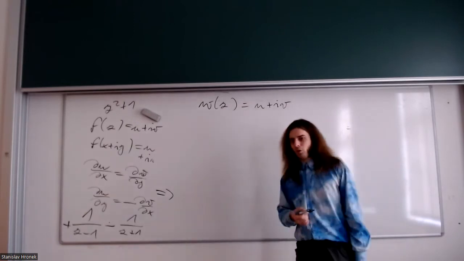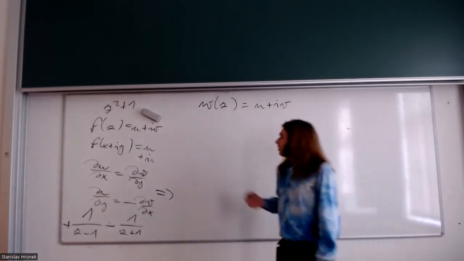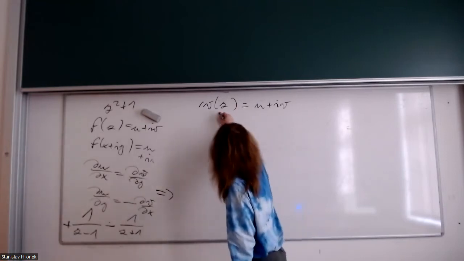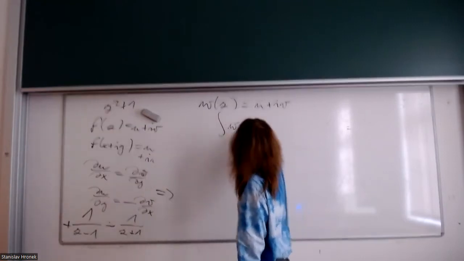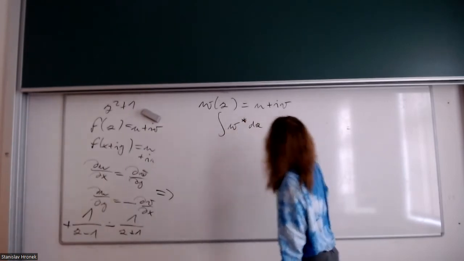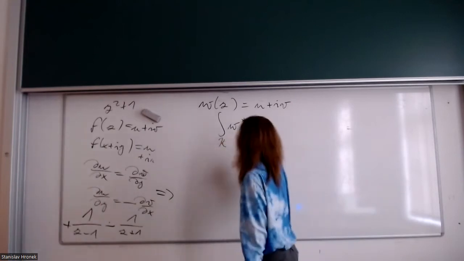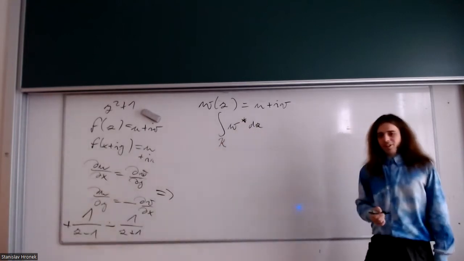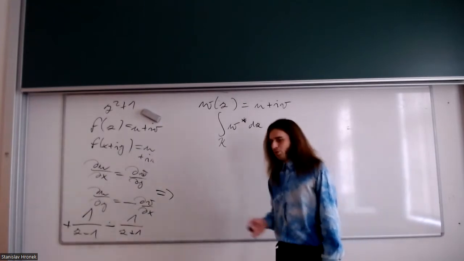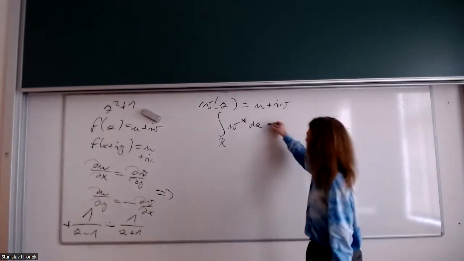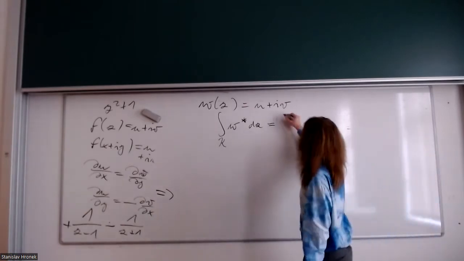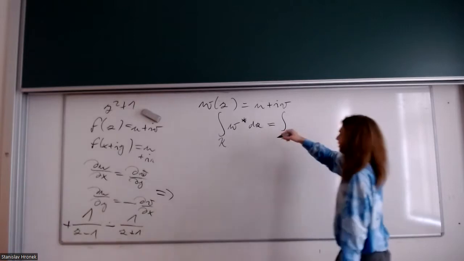It doesn't have to be holomorphic or anything. And now let's calculate the integral of W complex conjugate dz over some curve in the complex plane. And that curve doesn't have to be closed or anything. It just should be some nice smooth curve, but I'm not expecting more of it. And let's just look at what this gives.